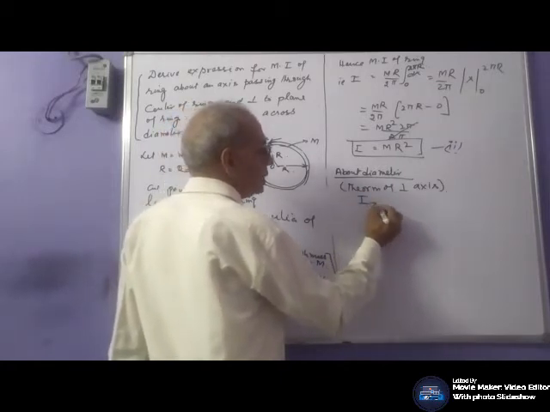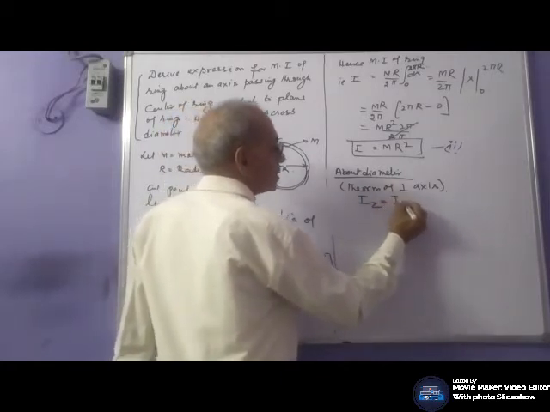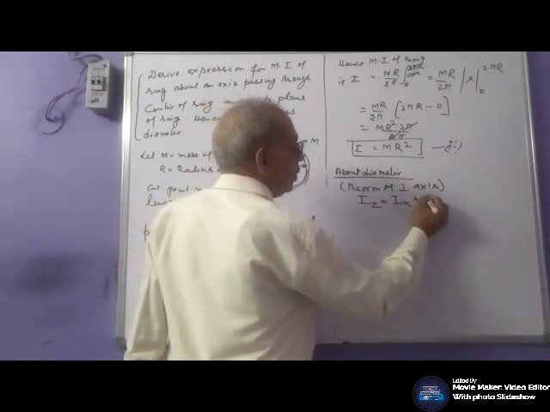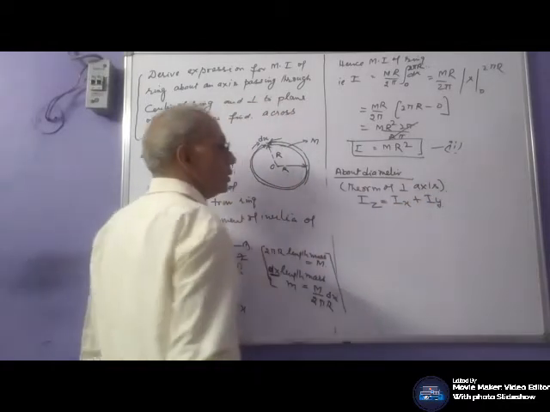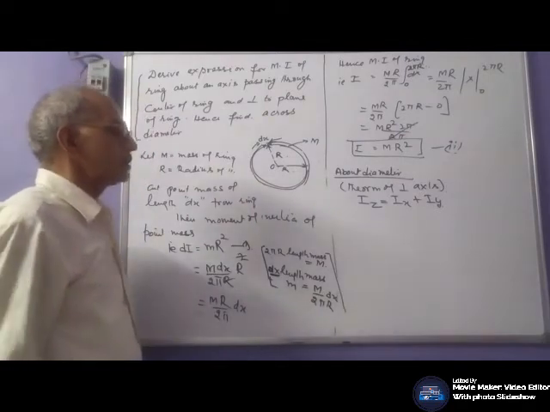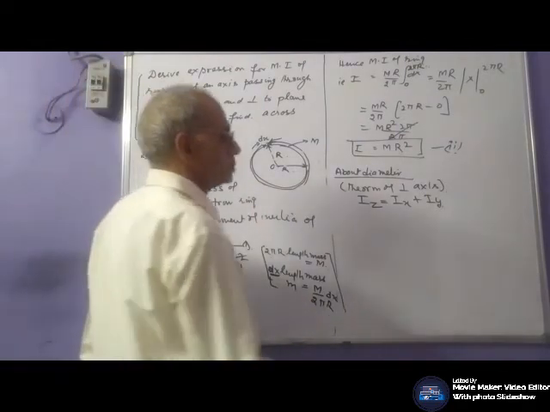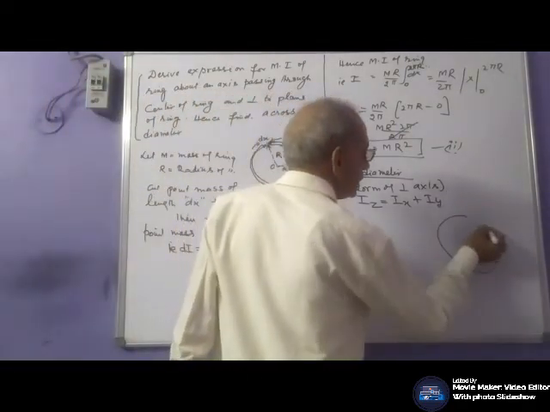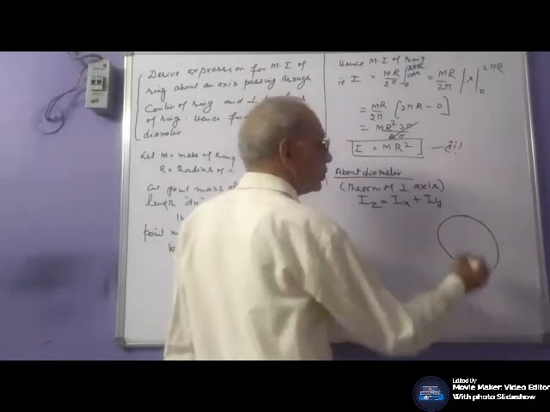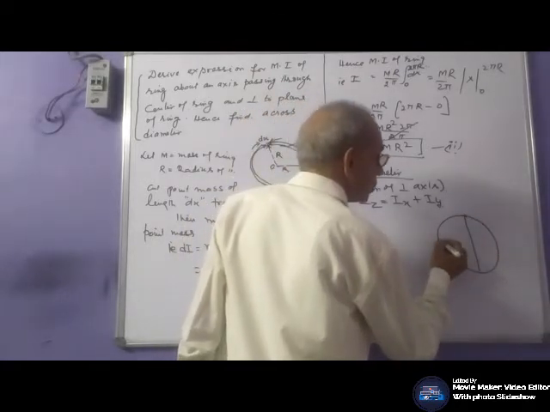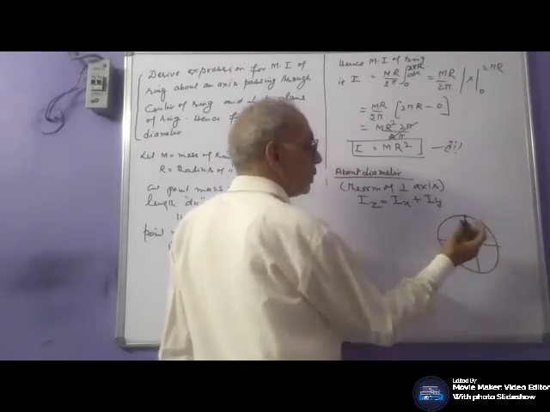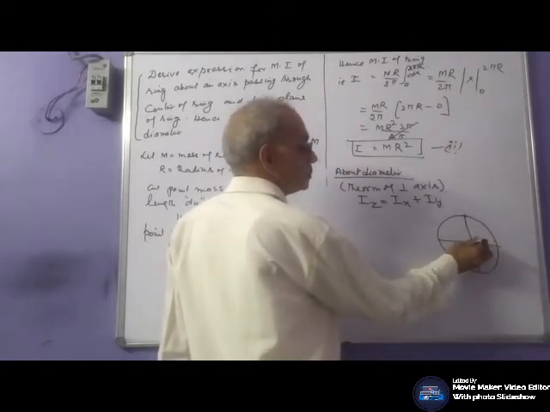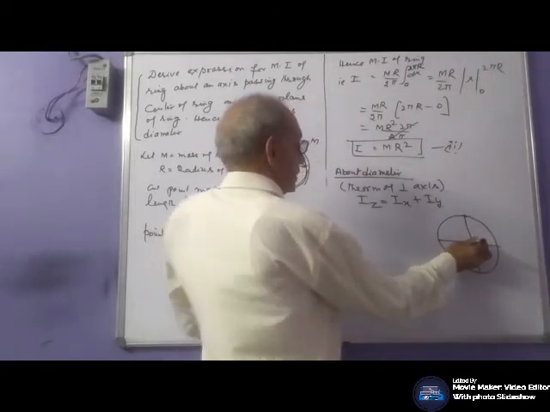IZ, IX, IY. This is the theorem of perpendicular axis. This was the ring on board. This is diameter. This was the axis, marker is axis. It is IZ.